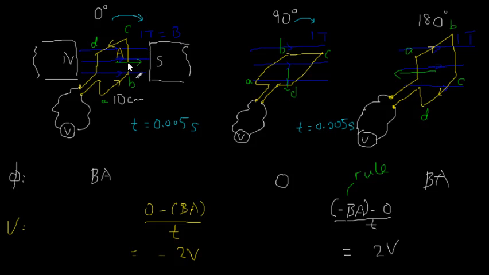So when one side of the face is in the same direction as the magnetic field, I give the flux a positive sign. When that side is facing the opposite direction to the magnetic field, I give the flux a minus sign.